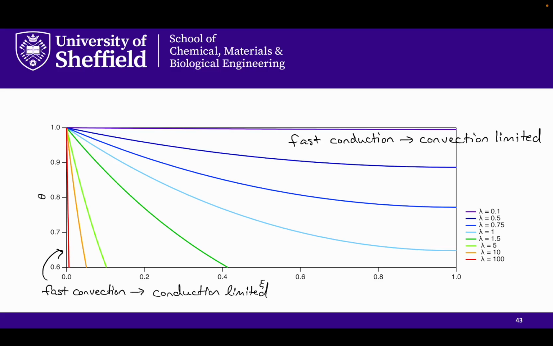Looking at the opposite scenario, where lambda is rather large, we have a situation where convection is much, much faster, and the situation is conduction limited. And neither of these scenarios are usually really what we want in a fin. We want something in the middle, but that will depend on the cost of the material the fin is made out of, how long you can practically make the fin, how much surface area you can build into it by, say, instead of leaving it as a rectangle, maybe wrinkling it up a bit, folding it like a radiator manifold.